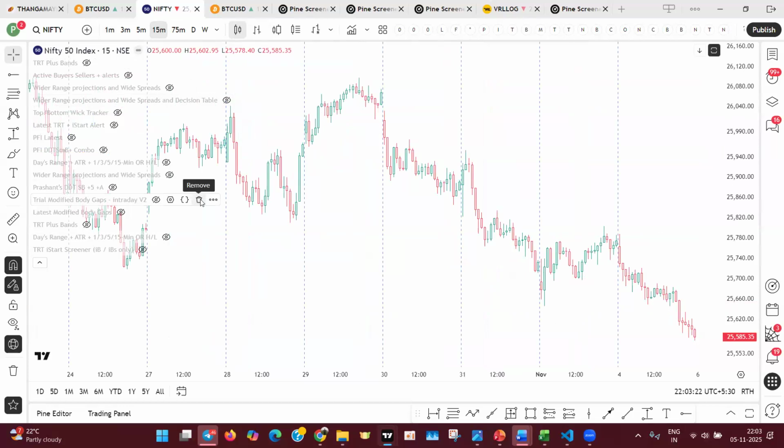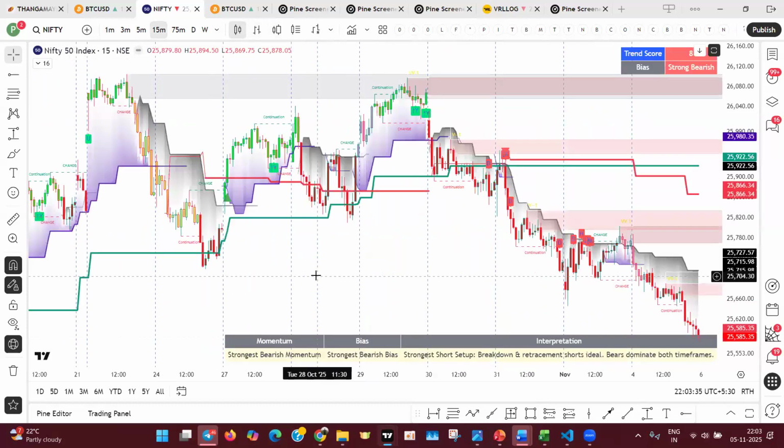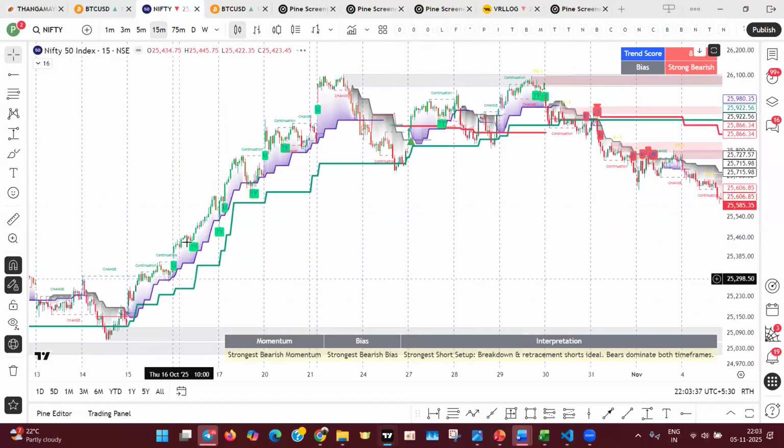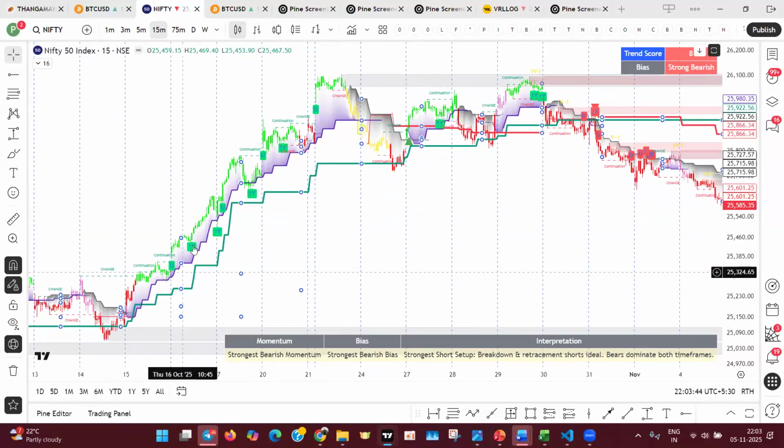If you use the 15-minute chart for Nifty, and if you use TRT and bands, you get nice signals. First here Nifty was in an uptrend, it gave multiple buy signals, then it went sideways for some days.